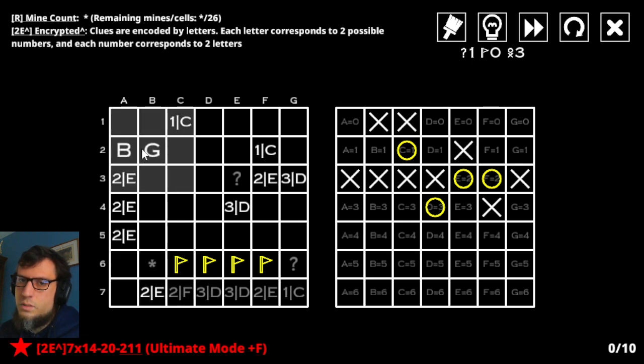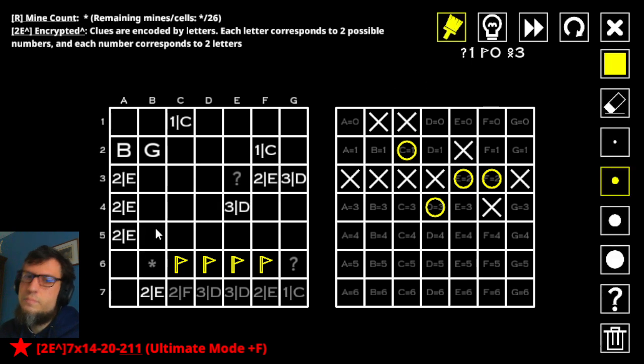What is G looking like? Okay, what am I looking at? Okay, E can't be 1, but it can be 0.